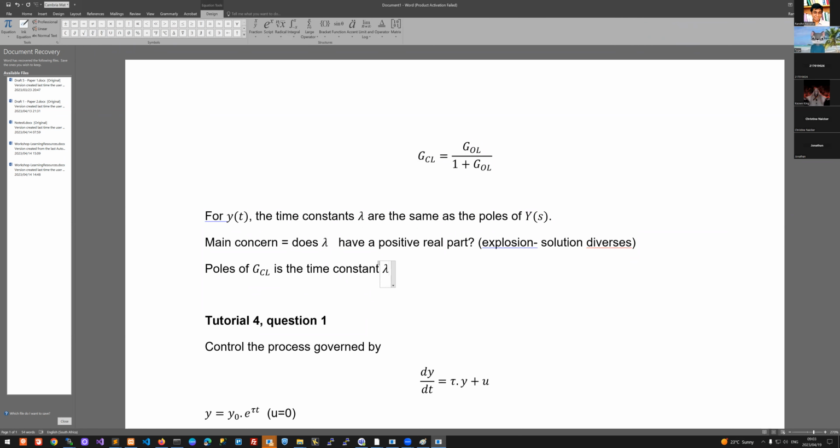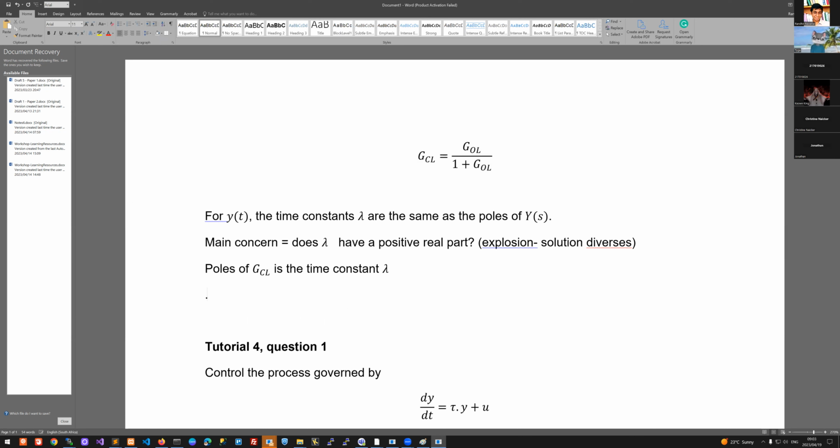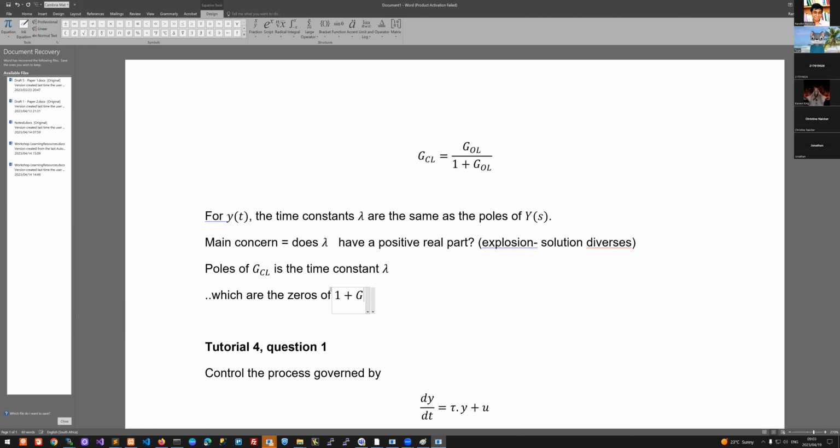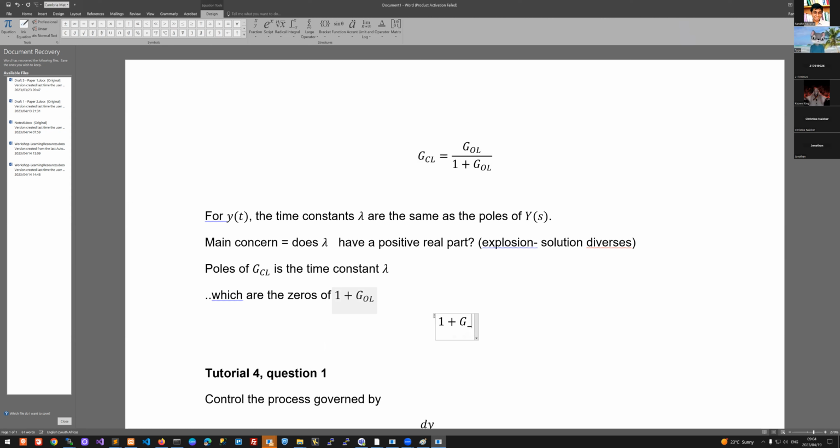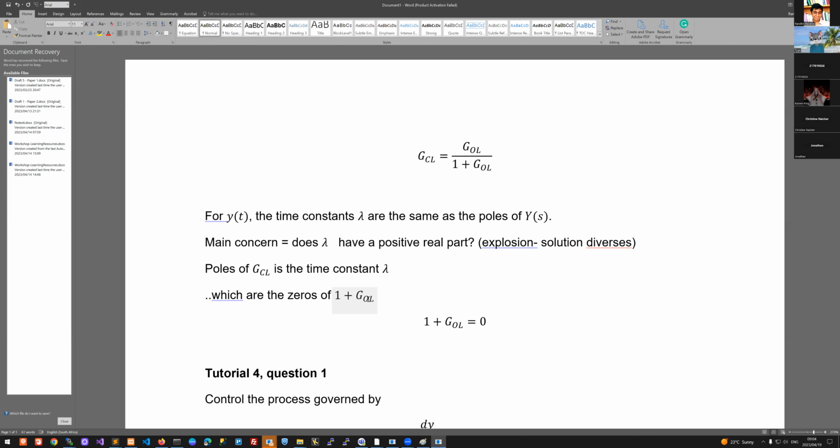So we just need to find the poles of our closed loop, so the values of S that make G closed loop go off to infinity. And we can see that these are the zeros of 1 plus G open loop. Okay. So all we need to do is find the S values where we get 1 plus G open loop equals 0. So what are the S values where we get this?